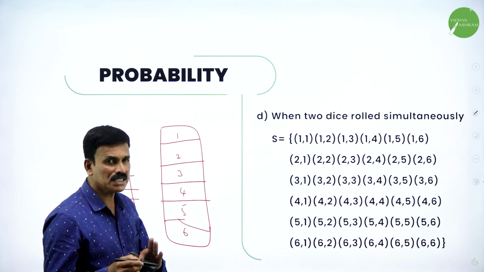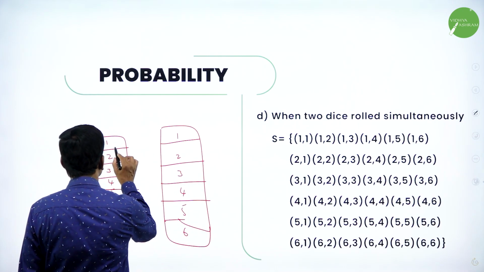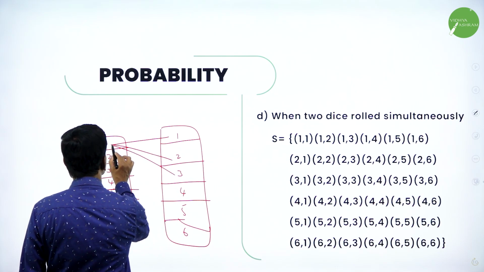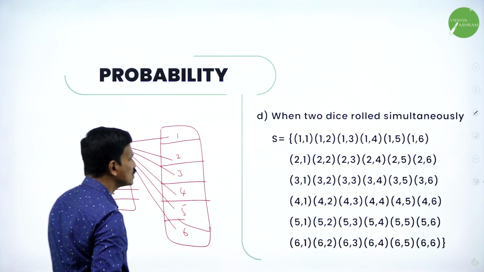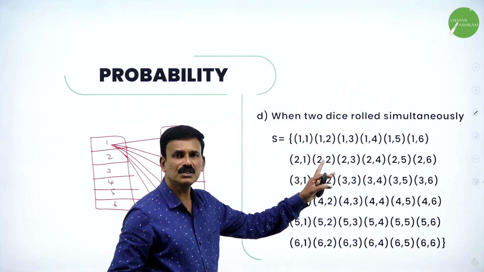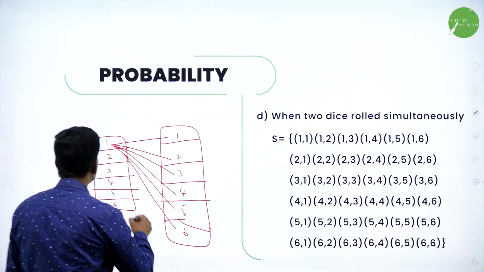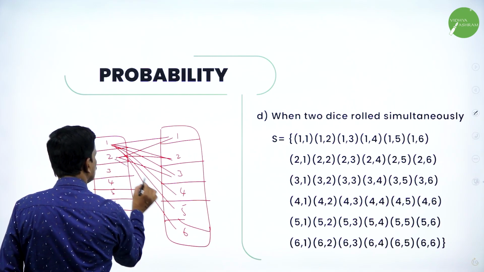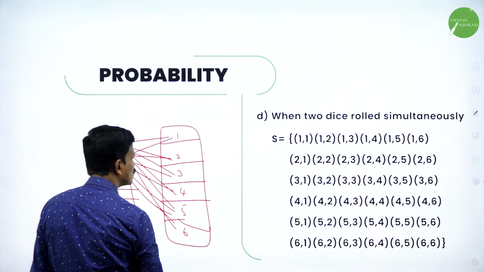Now, when these two dice are rolled simultaneously, what is the sample space? First 1: 1,1; 1,2; 1,3; 1,4; 1,5; 1,6. Next, 2: 2,1; 2,2; 2,3; 2,4; 2,5; 2,6.